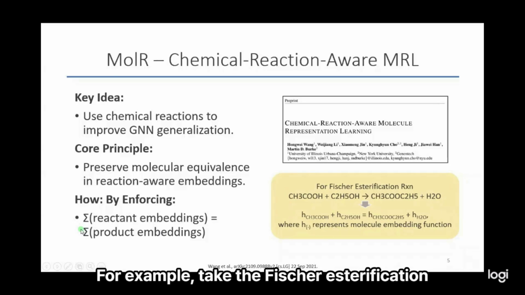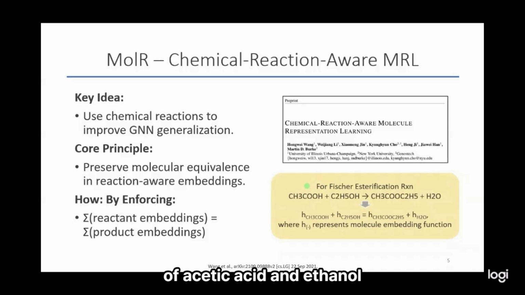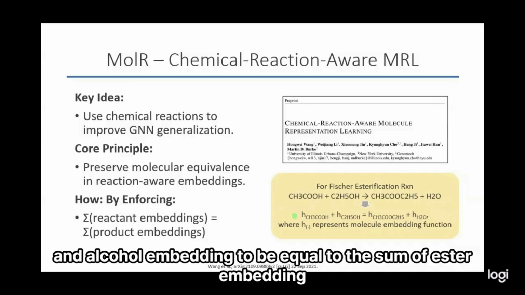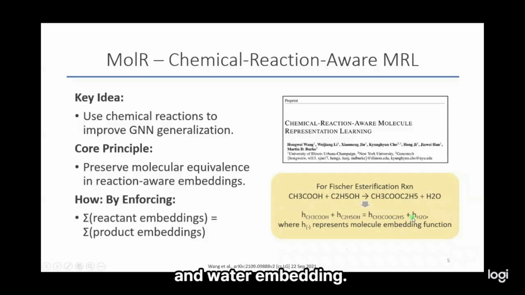For example, take the Fischer esterification of acetic acid and ethanol to form an ester and water. We force the sum of acetic acid embedding and alcohol embedding to be equal to the sum of ester embedding and water embedding.